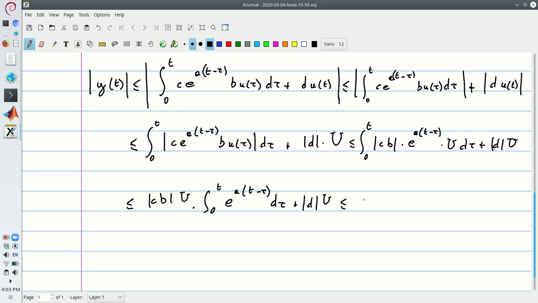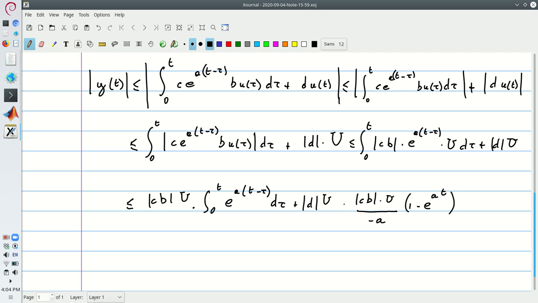Okay, let's take care of the integral now. The absolute value of c b times capital U is the same, and now if we solve the integral we find that this integral is given by this quantity here, and I'll ask you to notice one thing. These steps here are exactly the same steps that we have followed to compute the step response.